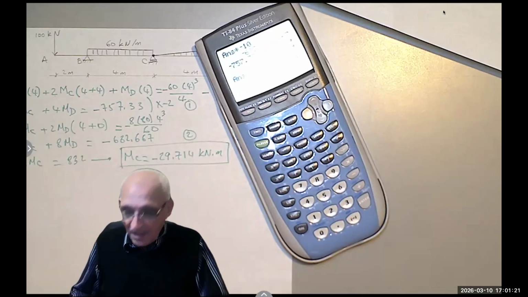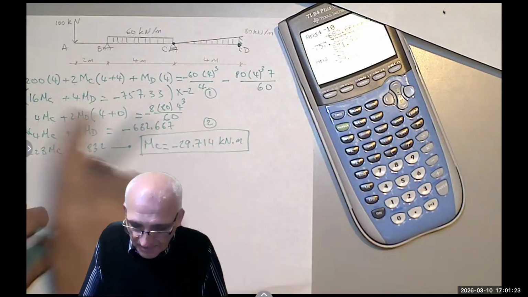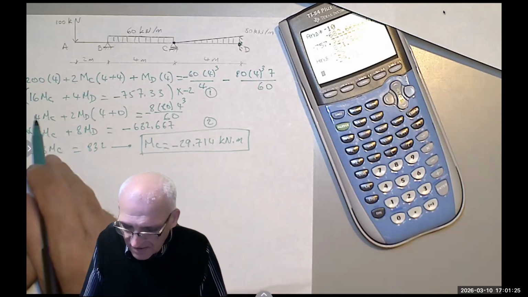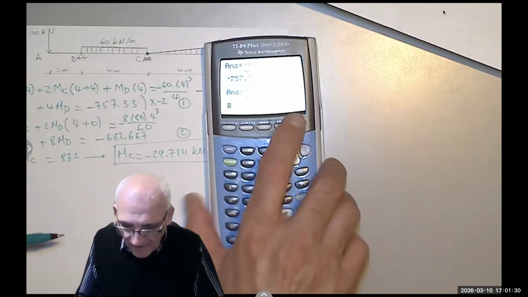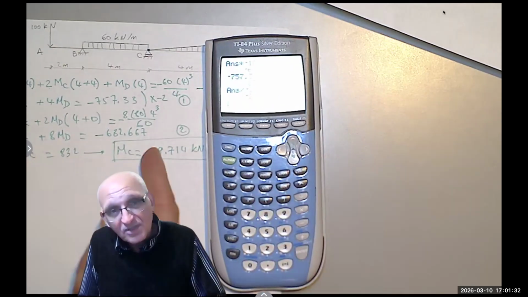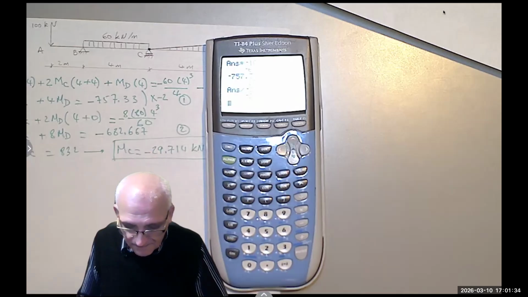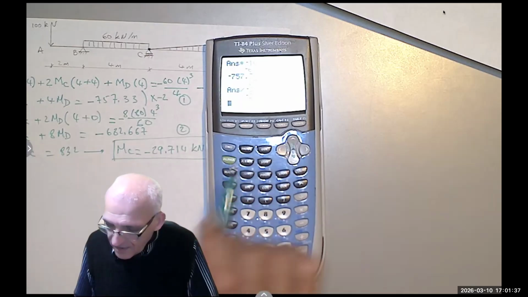Okay? Now I'm going to take MC and substitute it in any equation. Probably this is easier. So I'm going to multiply MC by -4 because I'm going to move it to the other side, right?